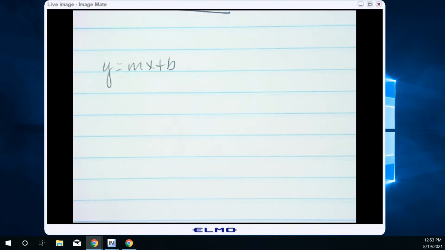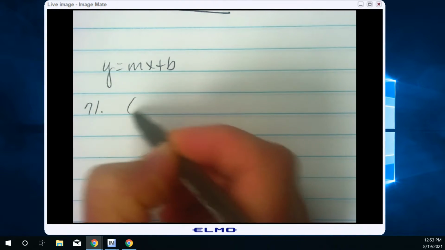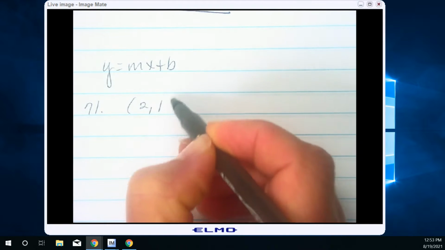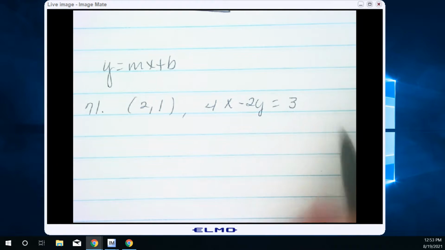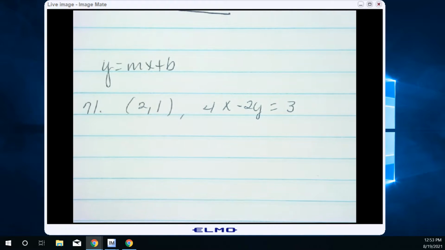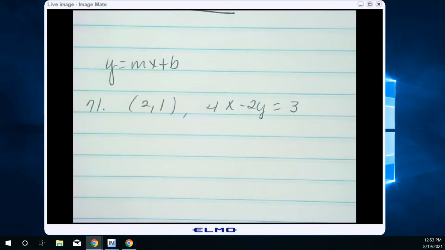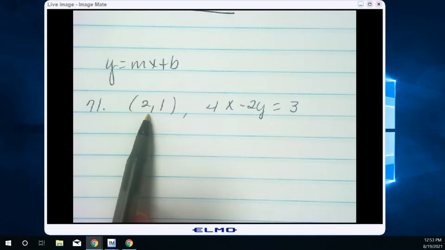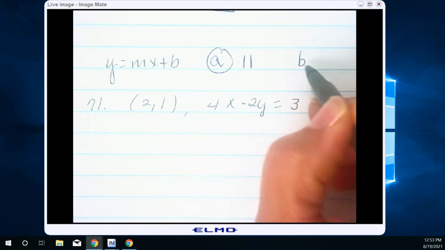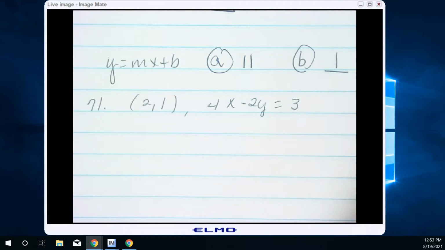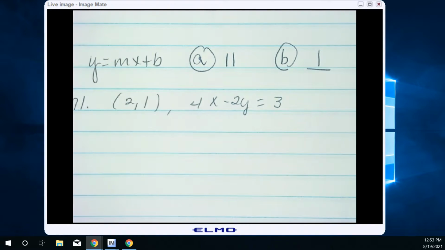But on problem number 71, they give you a point and they give you an equation. And it says, write the slope-intercept form of the equation of the lines through the given point, but parallel, and then a second equation that is perpendicular to the given equation.